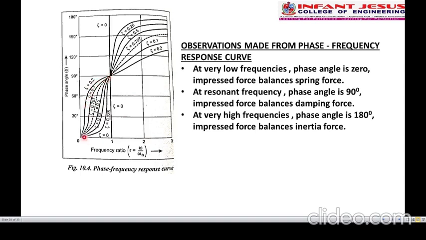At resonance we have 2 conditions: R will be equal to 1 and the amplitude will be very high, excessive. These are the 3 observations we see from this phase frequency response curve.